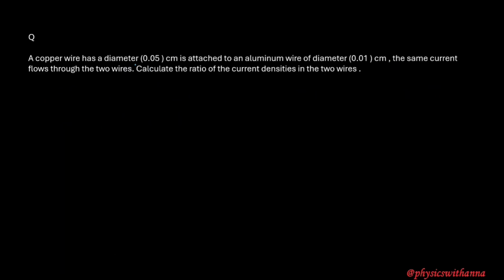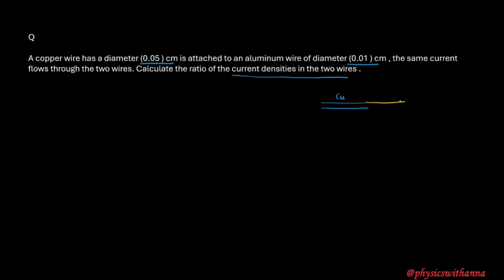Then in the next question, you have a copper wire that has a diameter of 0.05 centimeter. It is attached to an aluminum wire of diameter 0.01 centimeter. The same current flows through the two wires. Calculate the ratio of current densities in the two wires. So here you have two wires. One of them is made up of copper.